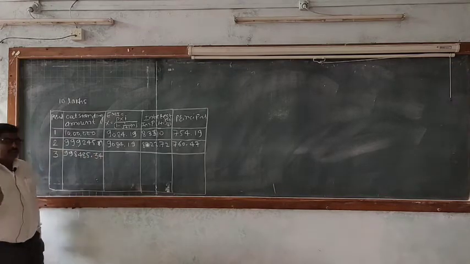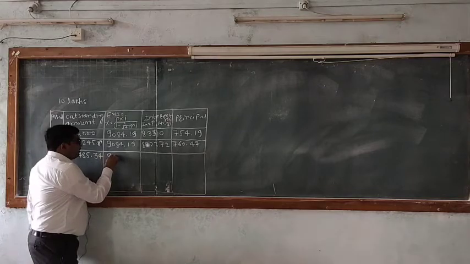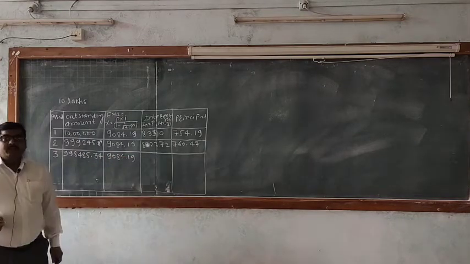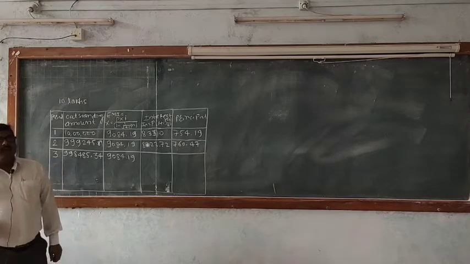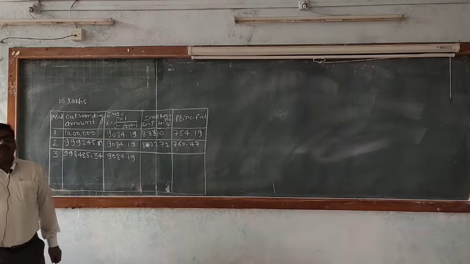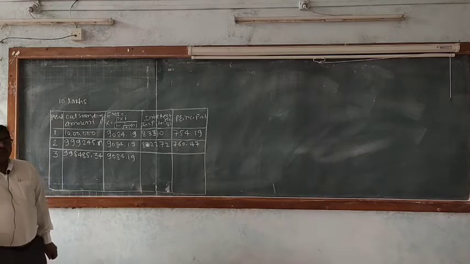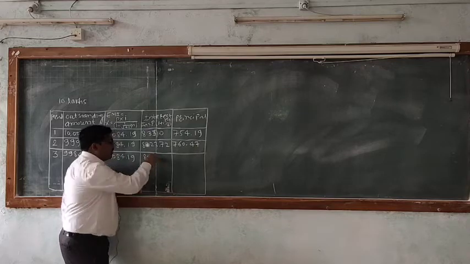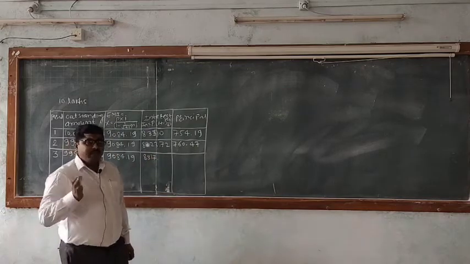Again EMI is same, 9,084.19, and then by using the compound interest formula we can find out 8,317.38.